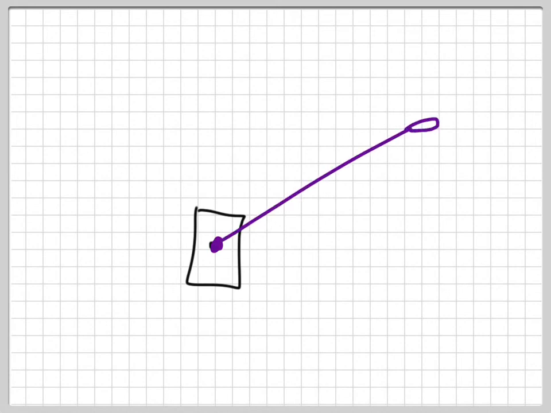So we could have a box on the floor with, I'm making all my cables purple today, I don't know why, a cable there that's being pulled on where the cable is 40 degrees above the horizontal.